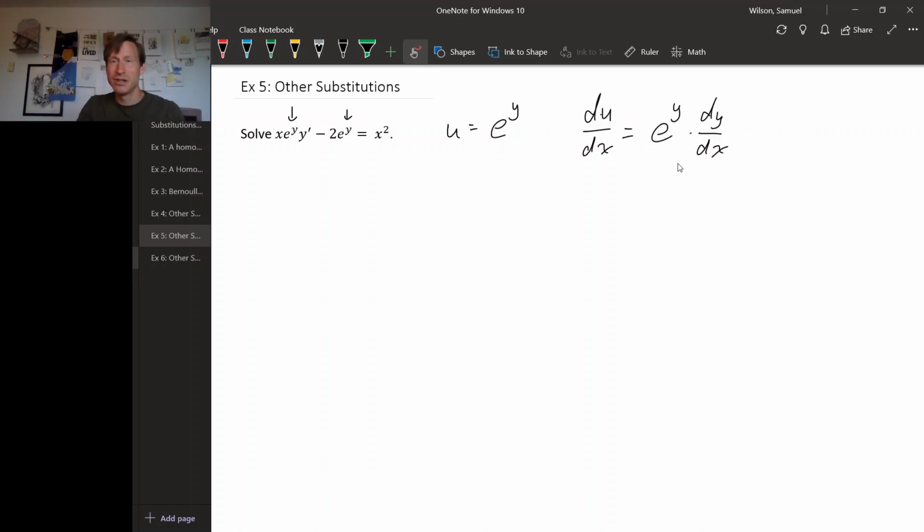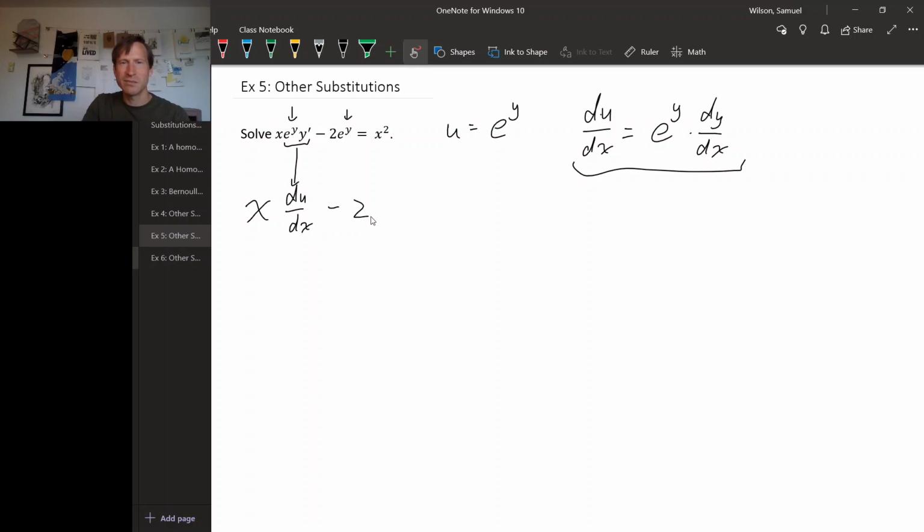So now let's convert our differential equation to u's instead of y's. We get x times e to the y times y prime. According to this second substitution equation, that's just du/dx.